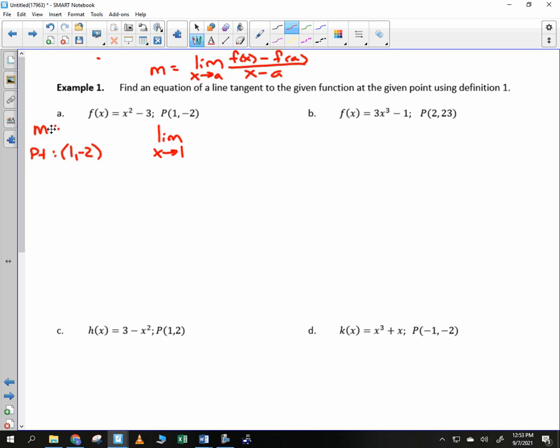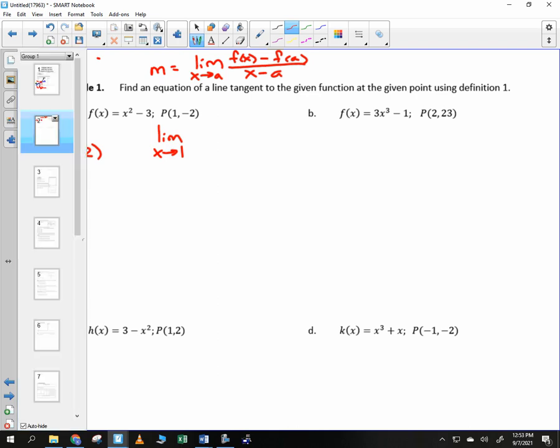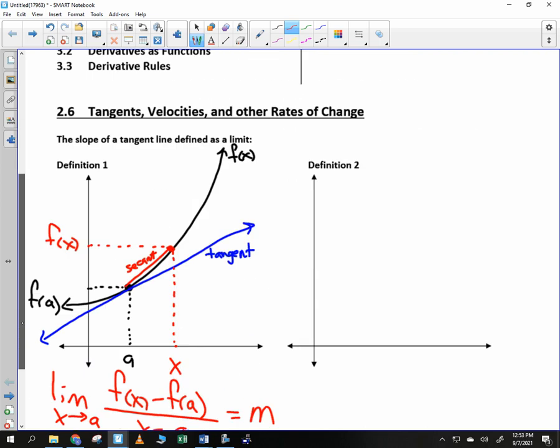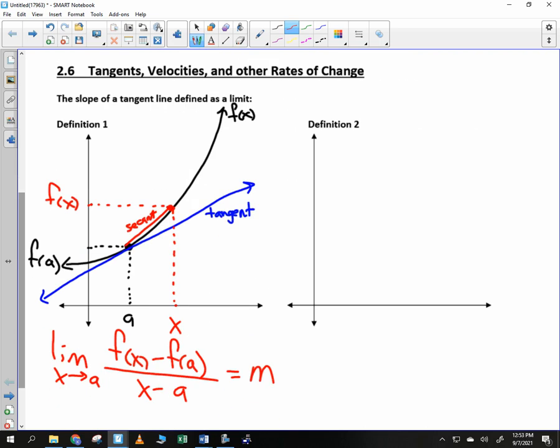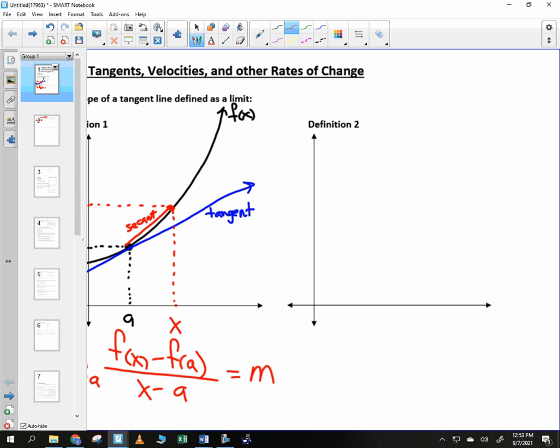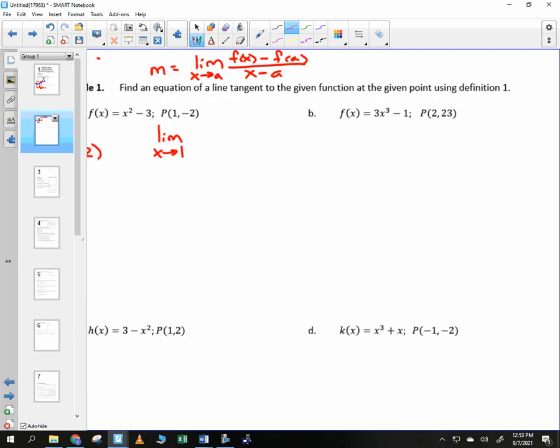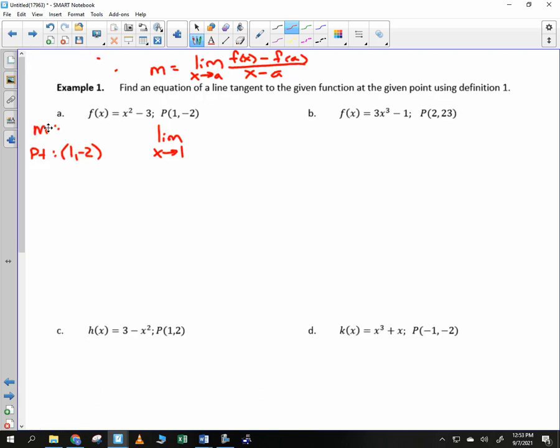This is the point. So (1, -2). That's this piece right here. An x value of 1 and a y value of -2. Okay. So that's what we're approaching, the x value. All right, of f of x. What is f of x?